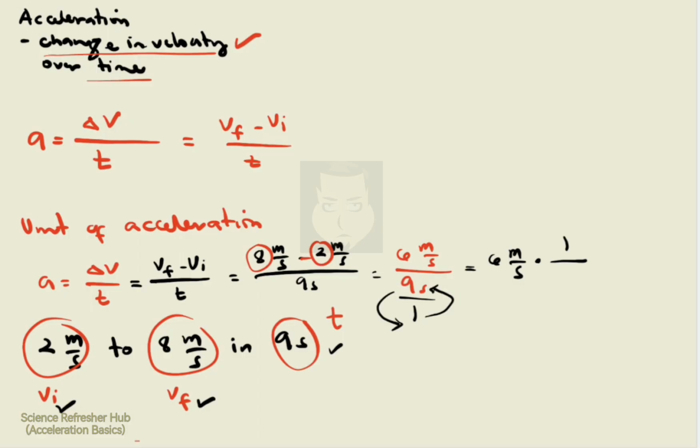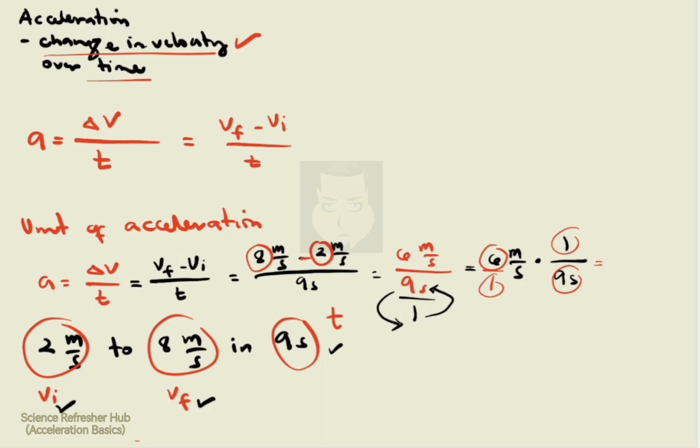So we can have 1 over 9 seconds, and then we can do the math. We will multiply numerator to numerator, and then denominator to denominator. Since it's a whole number, it's understood that it has 1 over there.